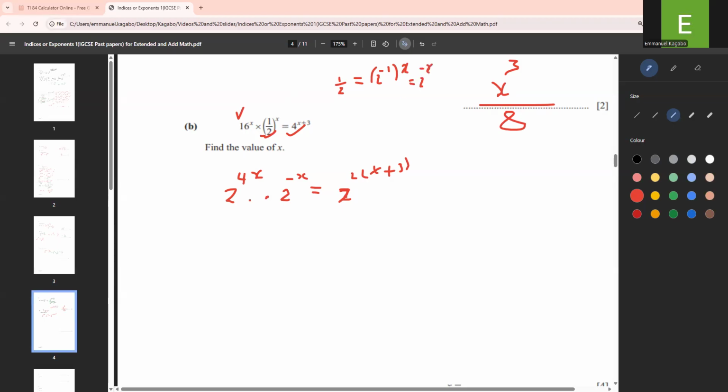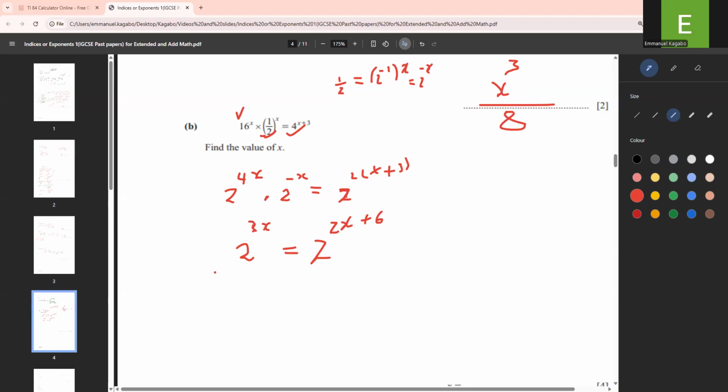I hope you understand what I did. When you are multiplying numbers of the same base, you add the powers. So 4x minus x gives me 3x. And then equals 2 power 2x plus 6, right? Very good.